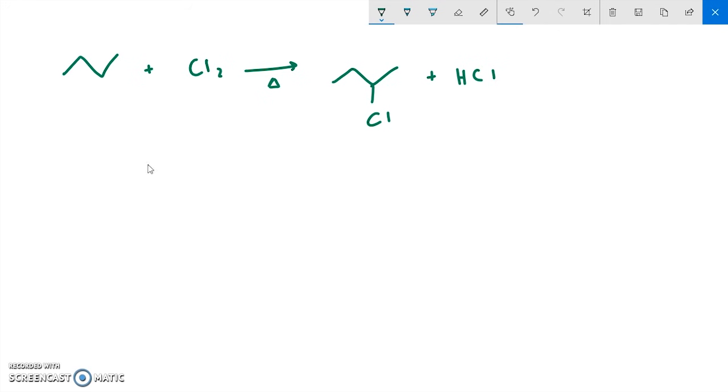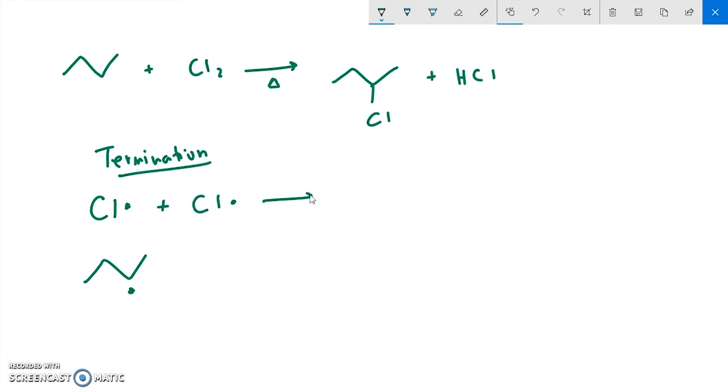The final step of this mechanism is called termination. In this step, only the radicals will react with each other. So there are 2 radicals that have been produced. First one is chlorine radical. The other one will be butane radicals. The chlorine radicals will react with another chlorine radicals to form the chlorine molecules.